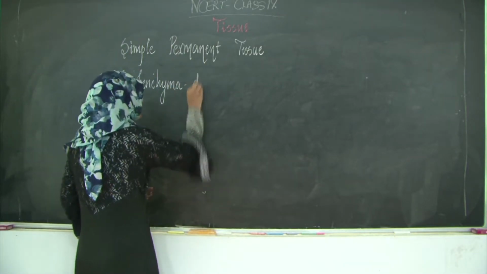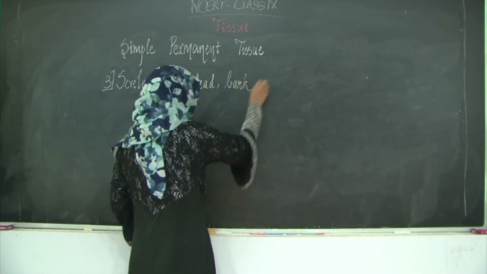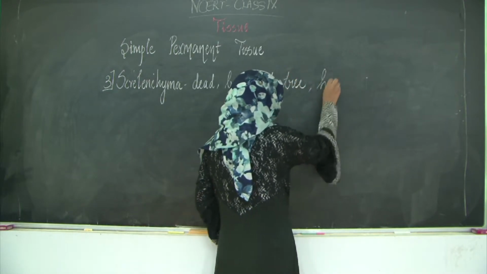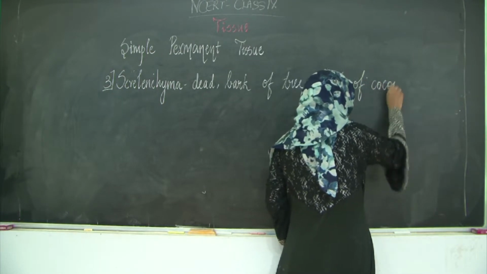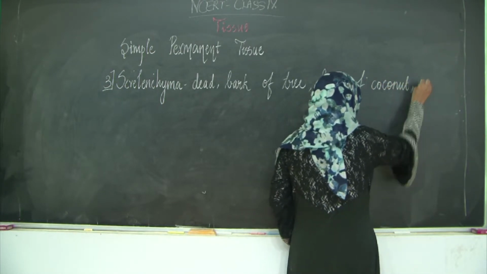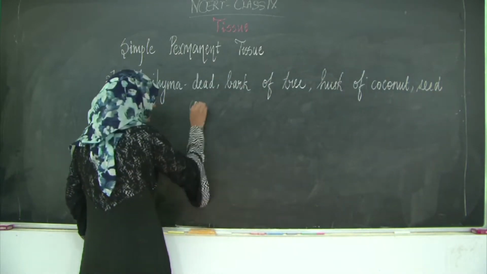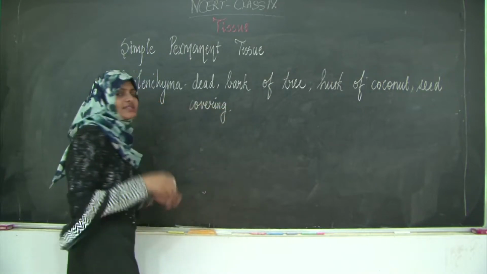So this is present at the bark of the tree, the husk of coconut, the covering of seeds, or I can write seed covering, and as well as the veins of the leaf.